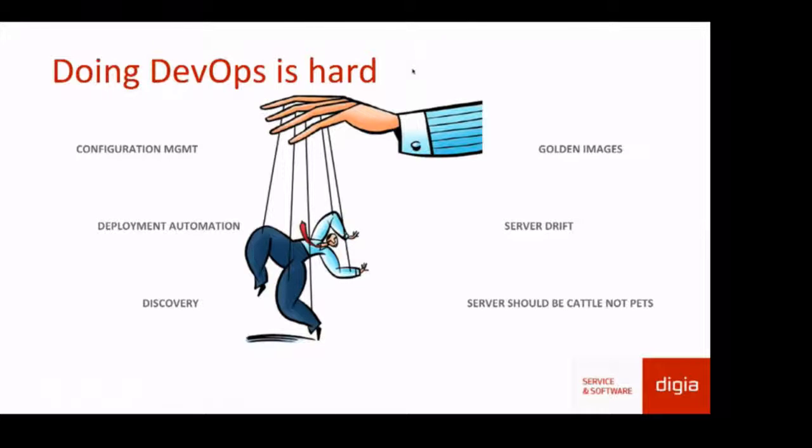The general advice is that you should treat your servers like cattle and not pets. Don't give them nice fluffy names, otherwise you get attached to them mentally and you don't really want to kill them anymore.